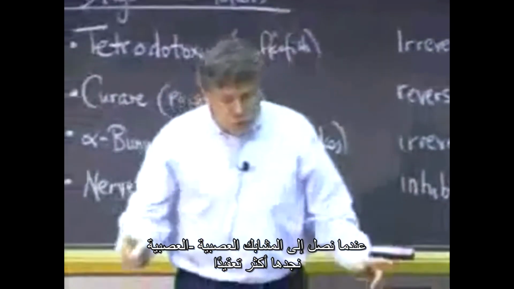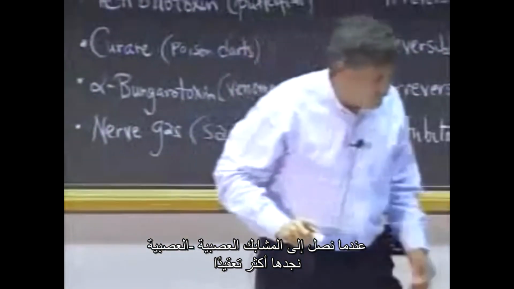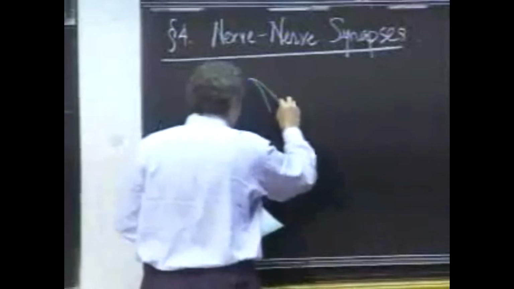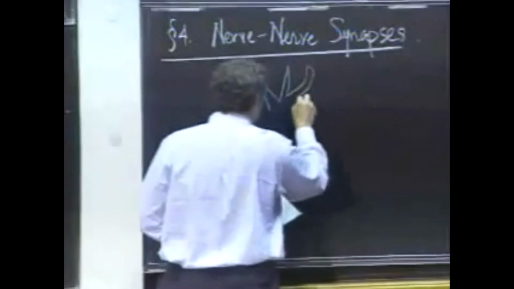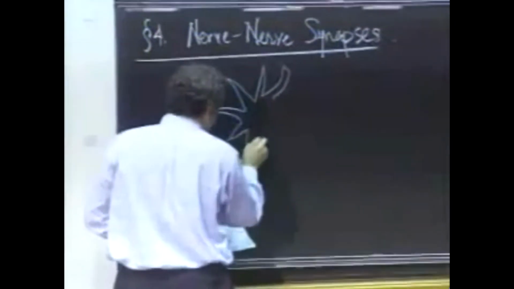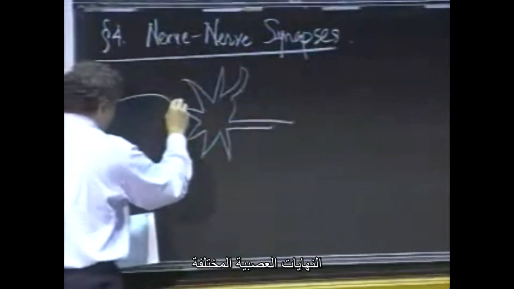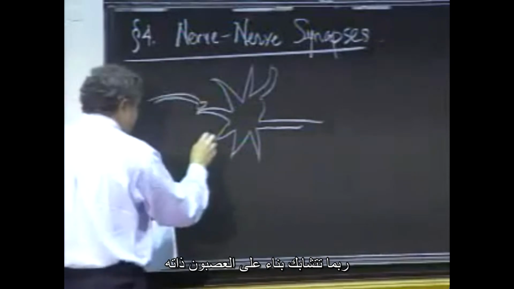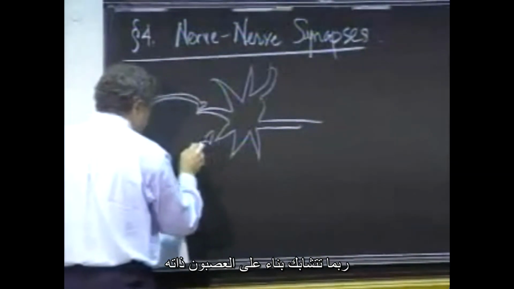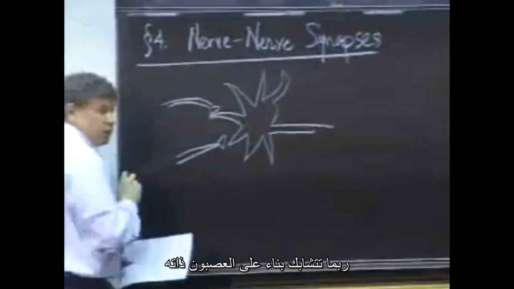When we get to nerve synapses, they're more complex. Multiple different nerve terminals may synapse upon the same neuron.